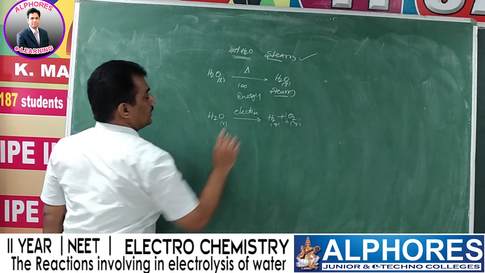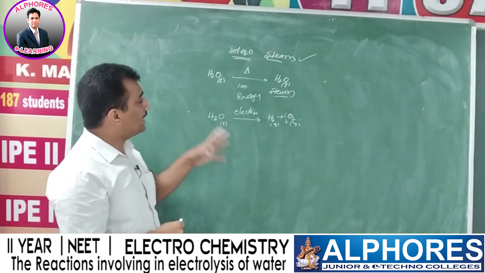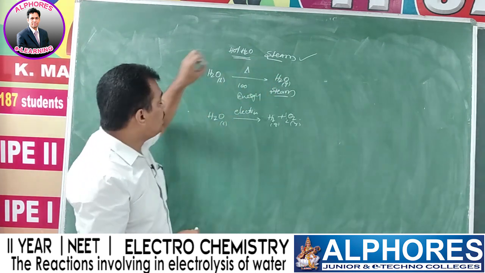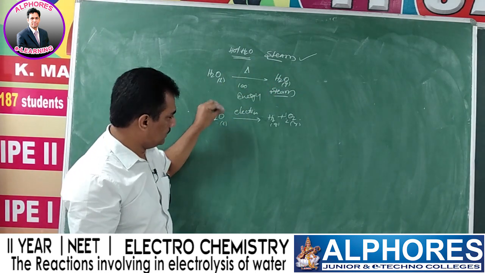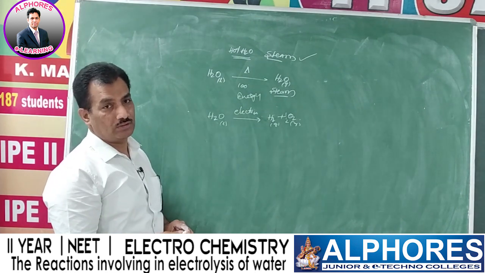And now my question is, if they ask to compare the energy required to get water into steam and the energy for electrolysis of water, where is more energy used? Can you guess it?